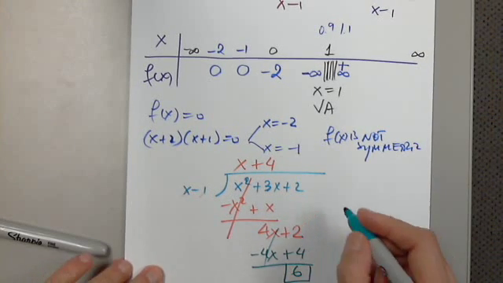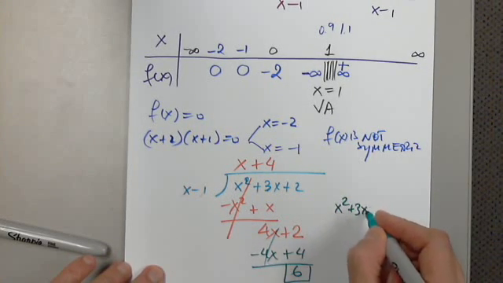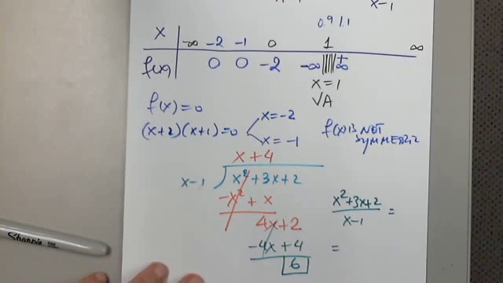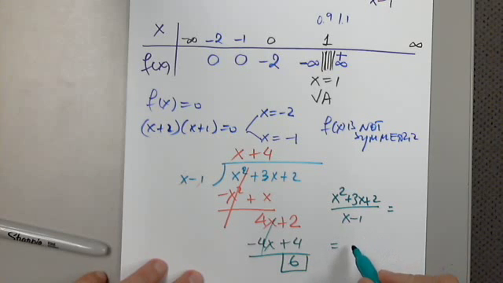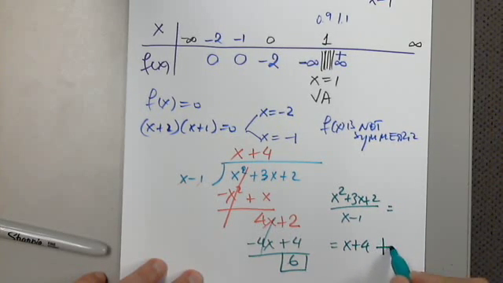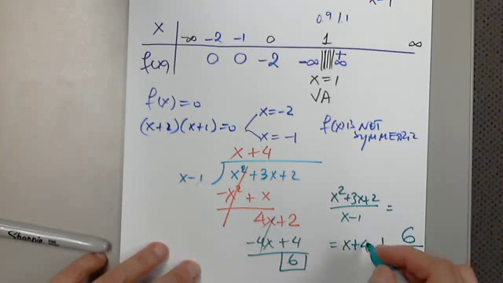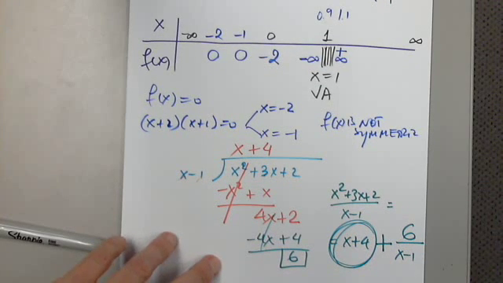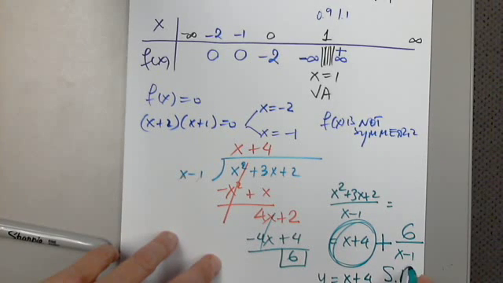So then, this division of x squared plus 3x plus 2 over x minus 1 has a quotient which is x plus 4 with the remainder of 6, plus 6 divided by x minus 1. Only this portion is of interest right now. y equals x plus 4 is the slant asymptote.